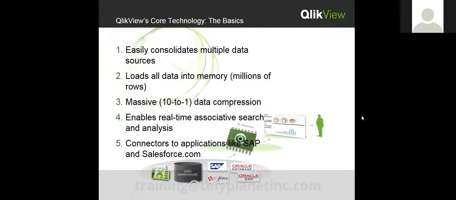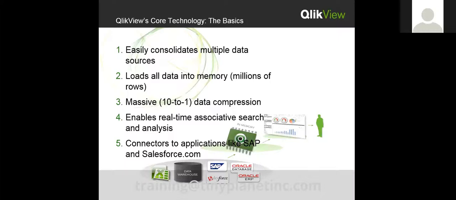Now, QlikView core technology. It easily consolidates multiple data sources. That means I can bring data into my app from a variety of data sources, whether it is Salesforce, Excel, SAP, or Oracle. Let's say I want to analyze finance data from my SAP and customer data from my Salesforce.